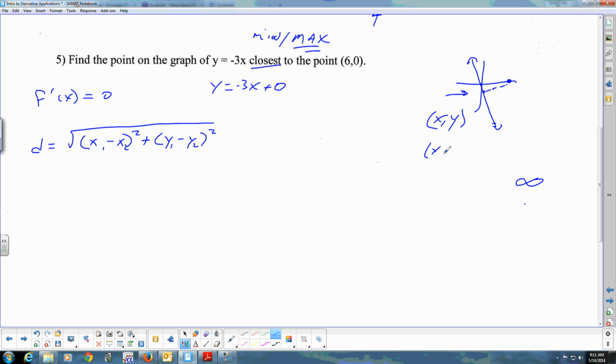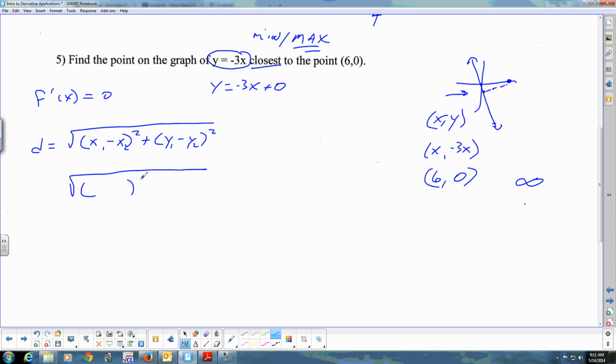Now, if you know an x value on that line, what do you do to find the y value? You fill it back in the equation. So the y value would be negative 3x. Okay? So I've got 6, 0, and x, negative 3x. Those are the values I need to fill into this.